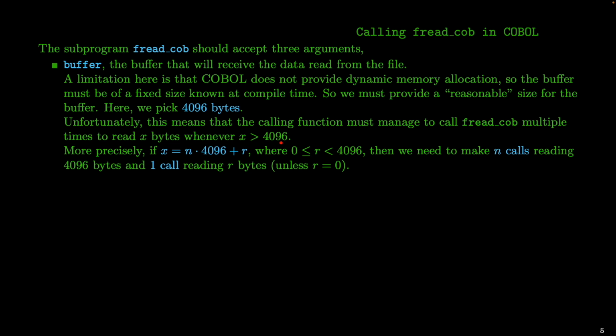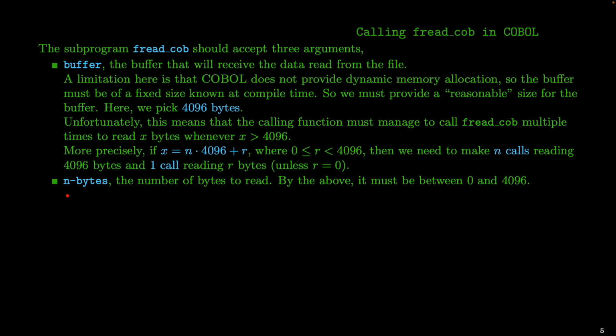And to make this more precise, if X is the number of bytes we want to read, then we can write X as n times 4096, plus some remainder, where the remainder is between 0 and strictly less than 4096. And that means we need to make n calls reading the full 4K bytes, and then 1 call reading the remaining R bytes. Unless R is 0, then of course we do not need to make a call.